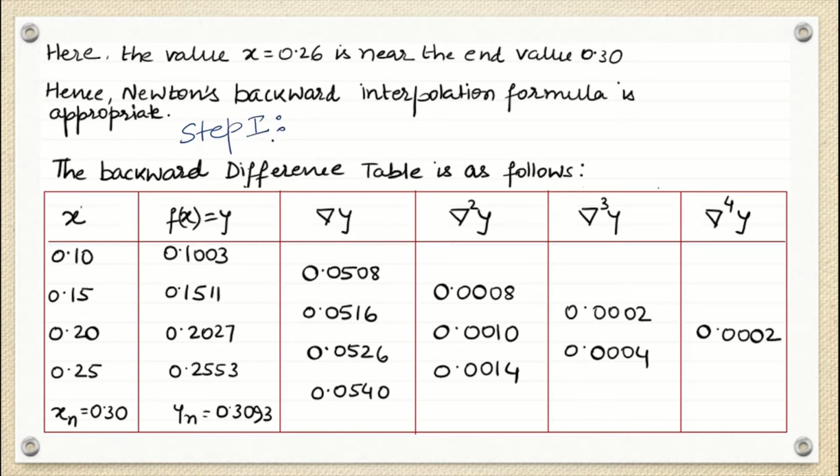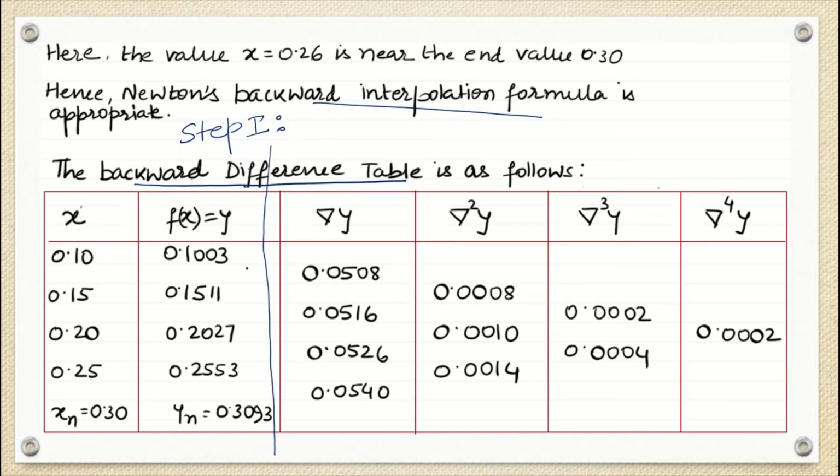In step number 1 in the forward interpolation formula, we were drawing the forward difference table. In the backward interpolation formula, the very first step is to draw the backward difference table. How to draw the backward difference table? It is exactly the same as how we were drawing the forward difference table. Fine, no? That means what do I have to write down?